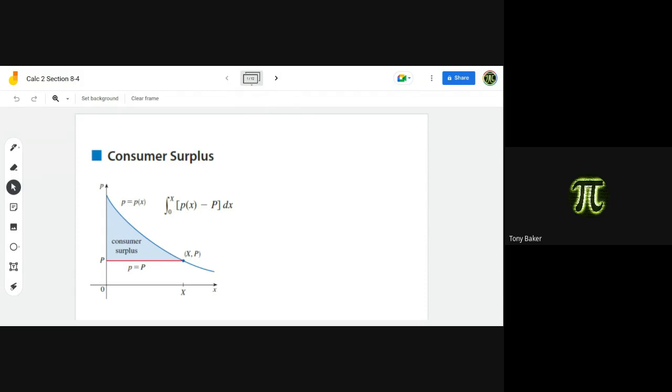Today's lesson is basically about where some of this stuff is actually used. We're going to look at some economic stuff with consumer surplus. We're going to look at a problem through biology and some population stuff.